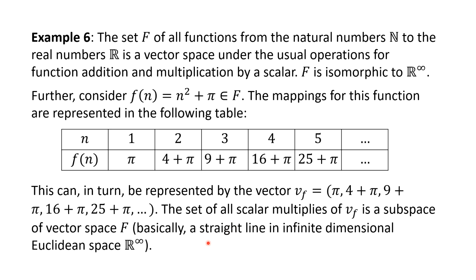Okay, so this one's a little bit different from what we've seen up until here, but again, it's another example of a vector space, and then here we have a subspace.